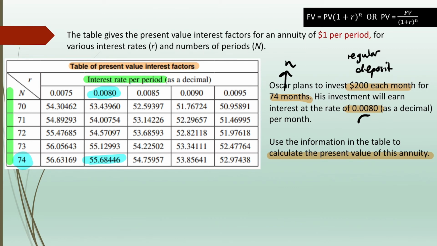Now for the calculation. The present value is equal to 55.68446 times by 200.